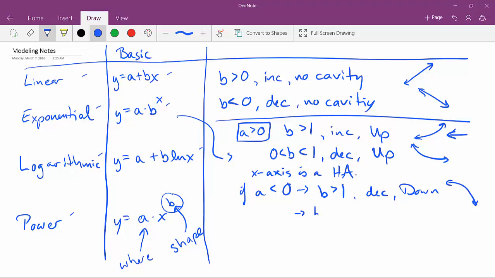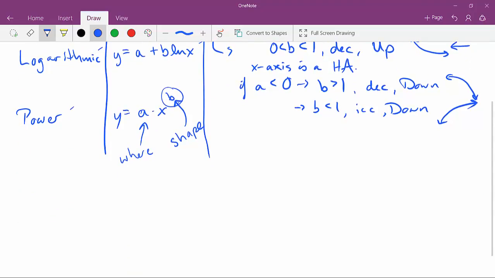And if B is less than 1, again, still greater than 0, we'll flip this model across the x-axis and we'll have increasing and concave down. Okay. So those are the linear and exponential models.